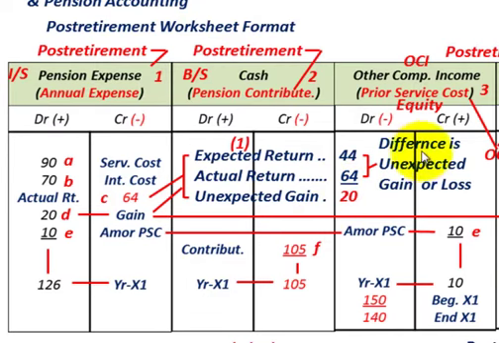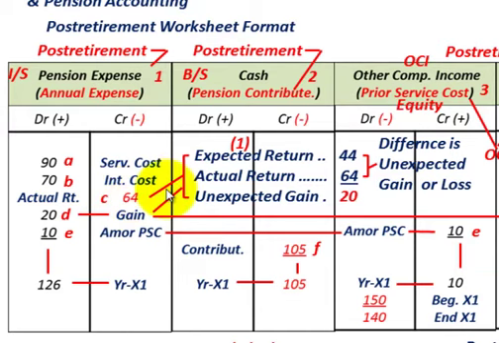Really, what you have to do is look at the difference between your expected return and your actual return to determine if you're going to have any unexpected gain or loss. So here we actually increase our pension expense by the $20,000, and you'll see why we do that when we record it in other comprehensive income.